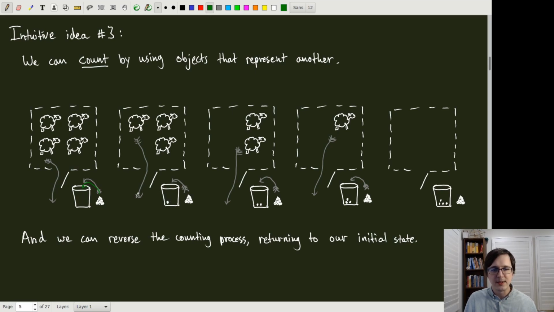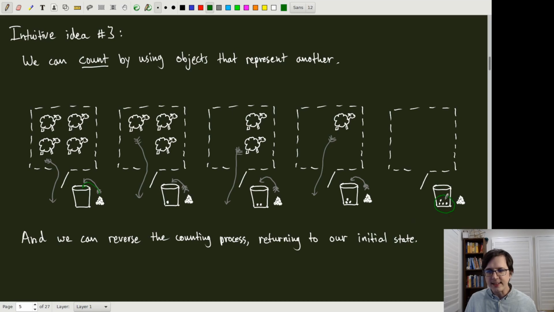The next sheep leaves, now there are 2 pebbles in the bucket. The third leaves, there are 3. The fourth leaves, there are 4. And then there are no more sheep. These 4 pebbles in that bucket represent each of the 4 sheep that were originally there. So that is this intuitive idea.